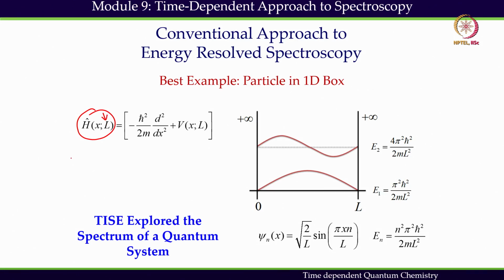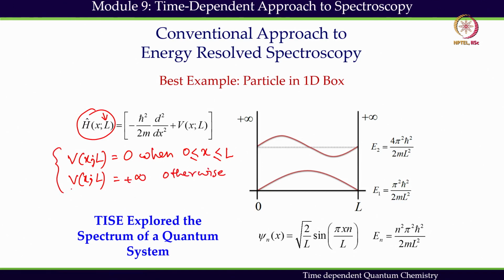If it is a free particle in a box problem, then V(x; L) equals 0 when x is greater than or equal to 0 and less than or equal to L. We should remember the semicolon we have always used in the adiabatic theory, to separate the variable and the parameter. And V(x; L) is going to be plus infinity otherwise.